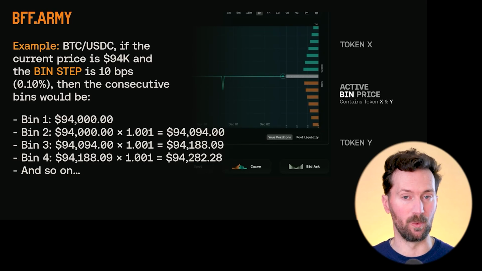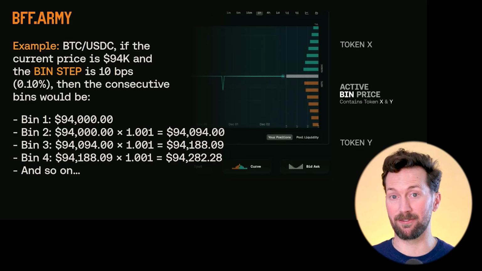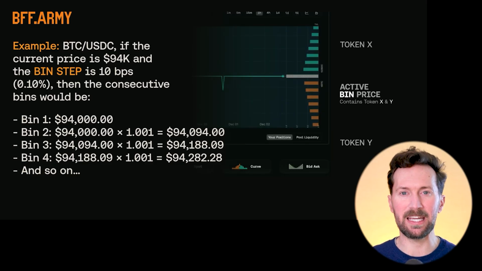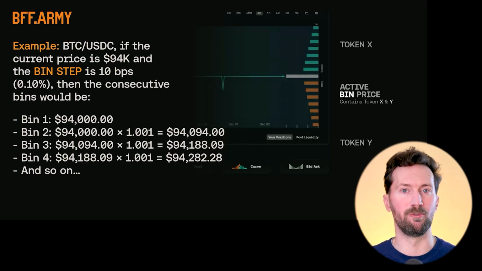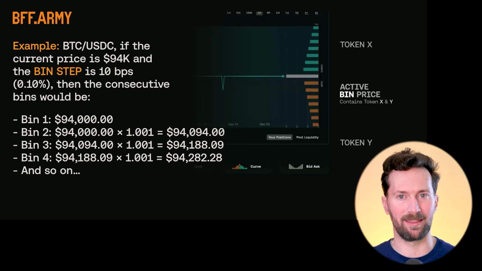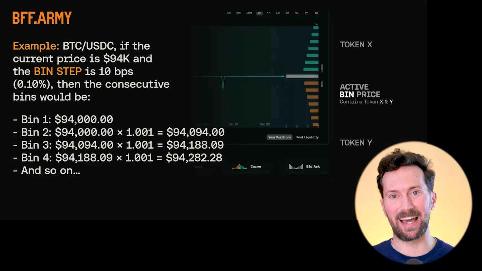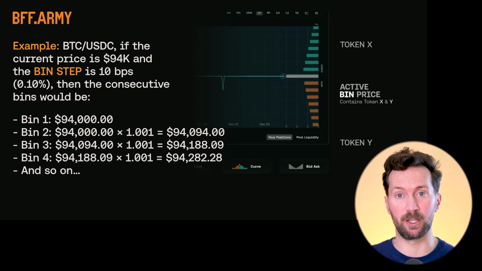Bin 3 would be 94,094 times 1.001, which is 94,188.09, and so on. Each time you multiply by 1.001 to move up one bin, applying that 0.10% step over and over to build the price ladder. And to go down a bin, you just divide instead.